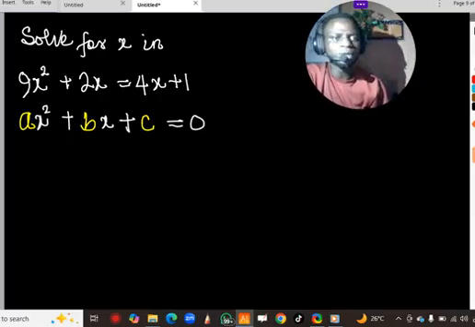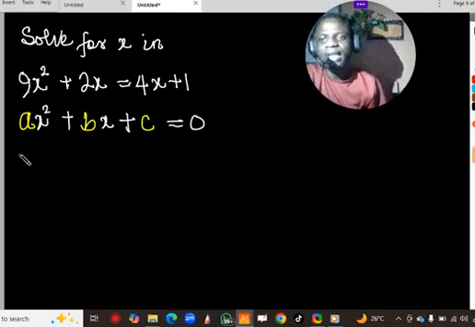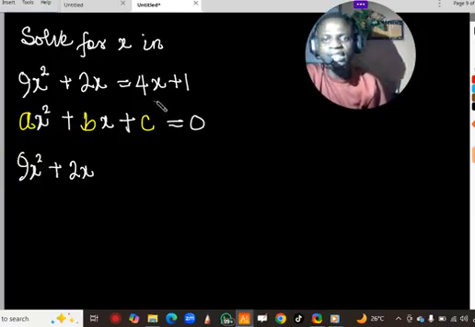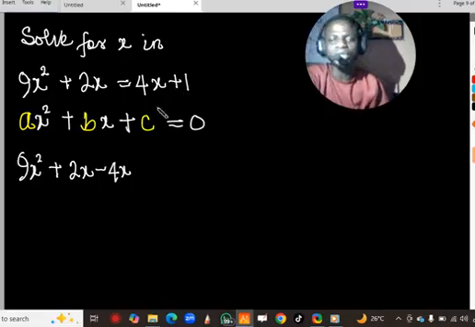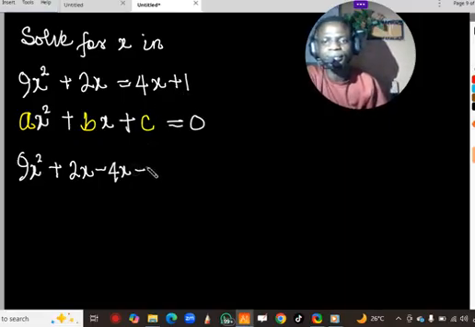Let's go. Doing that now, we have 9x squared plus 2x. This 4x has a positive sign by default before it, so for it to cross, it becomes negative 4x. Likewise, this is plus 1, crossing becomes minus 1. This equals 0.